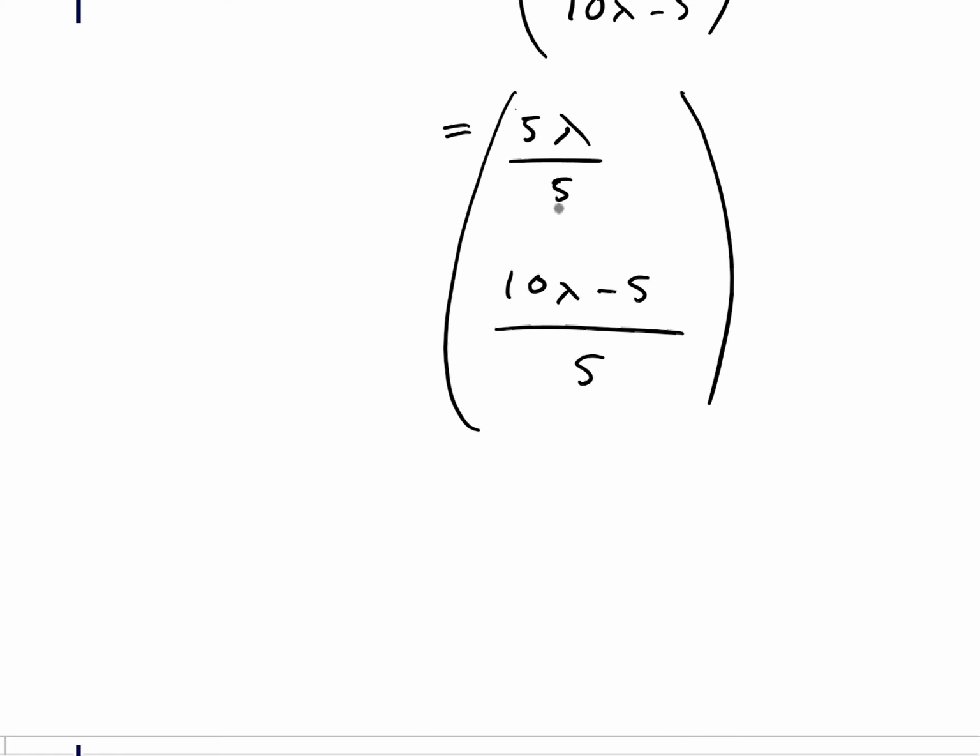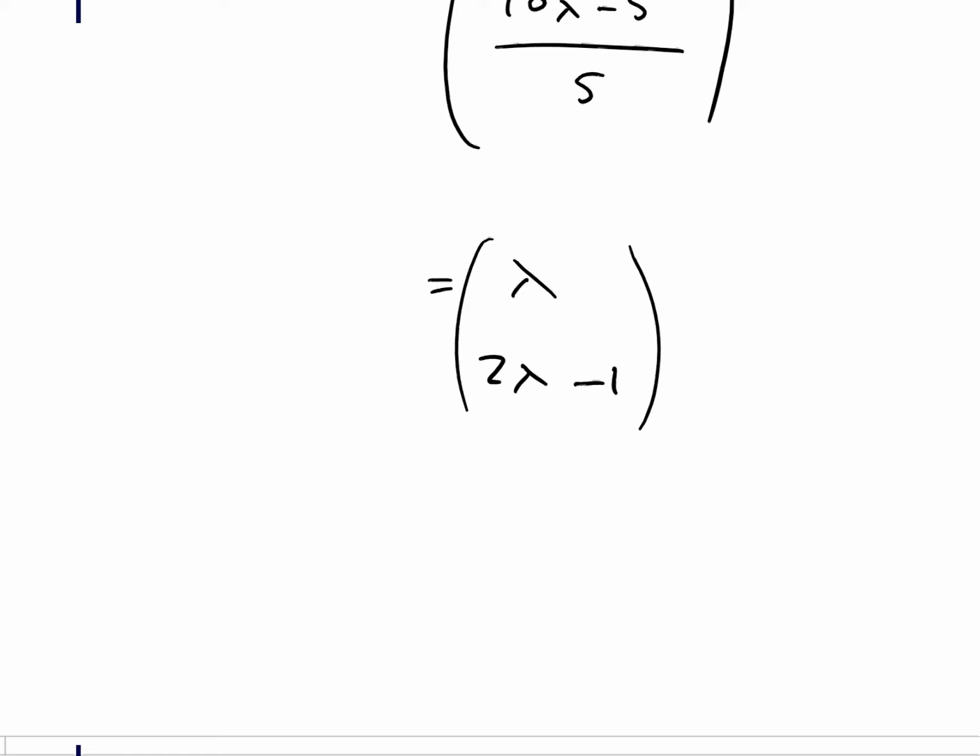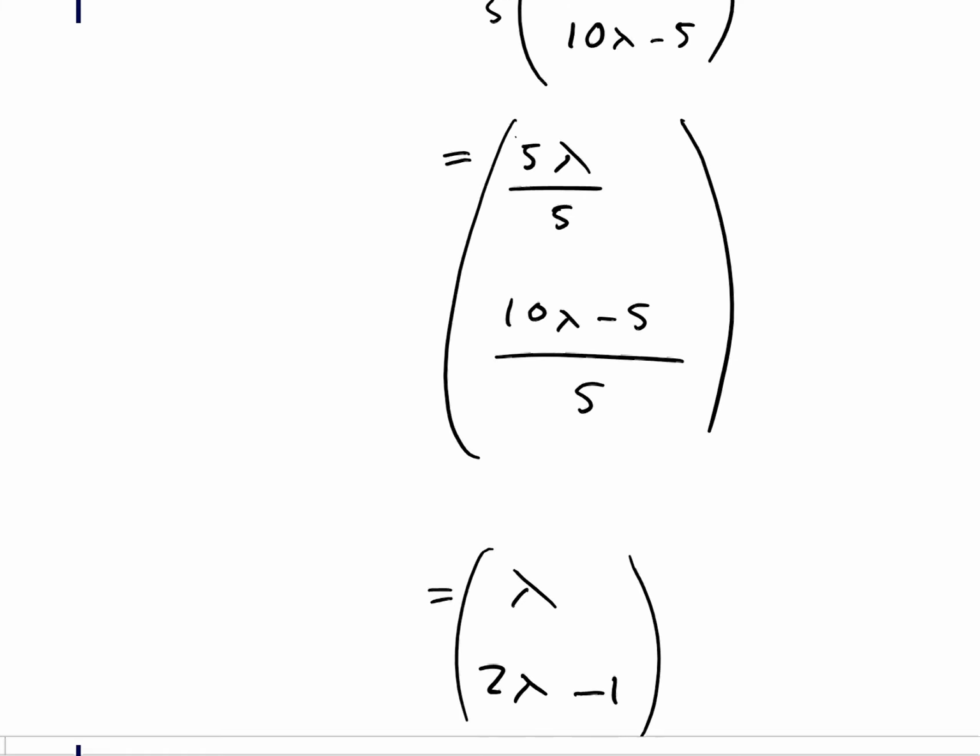Well, 5 divided by 5 is fairly obviously just 1, so we're just going to have 1 lambda here. Then we've got 10 lambda and minus 5 here. When we divide both terms by 5, we're going to end up with 2 lambda minus 1. And there we are. There is our matrix which we're after, our A, our coordinate matrix.